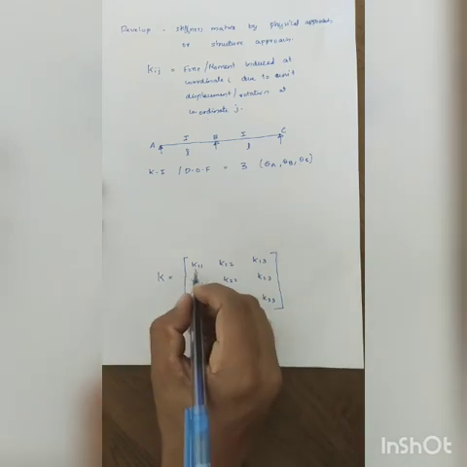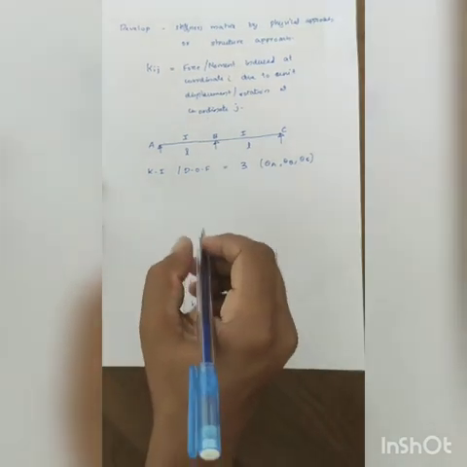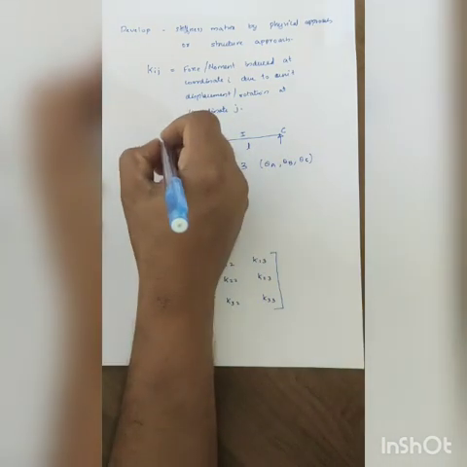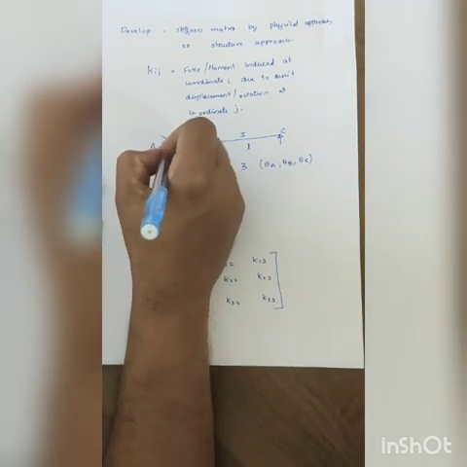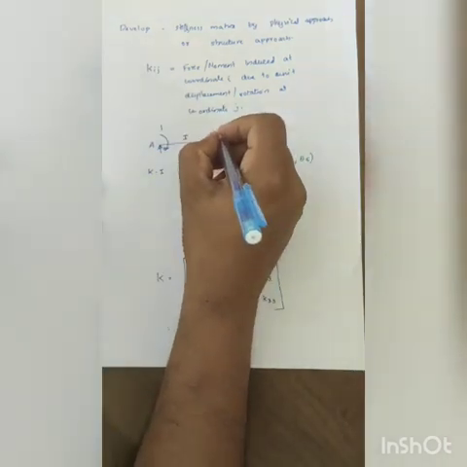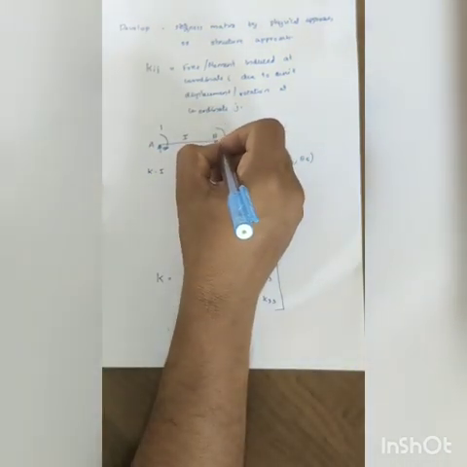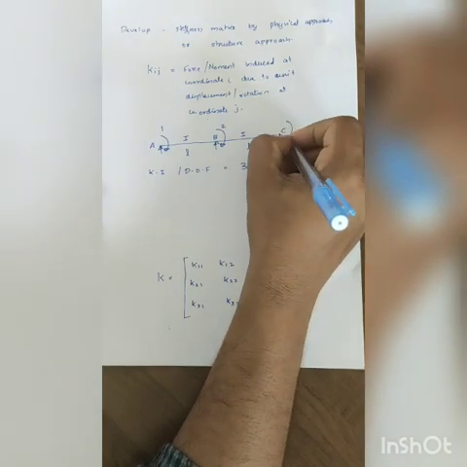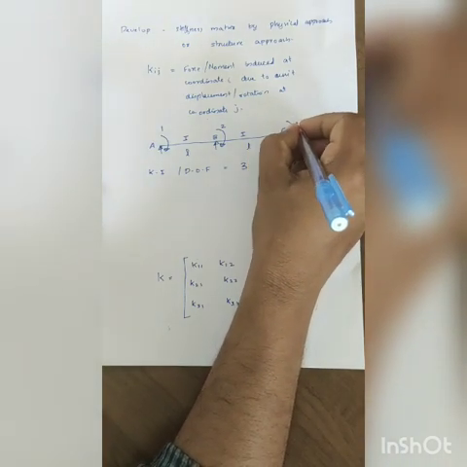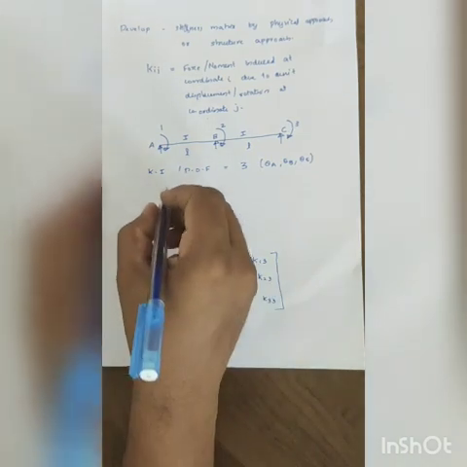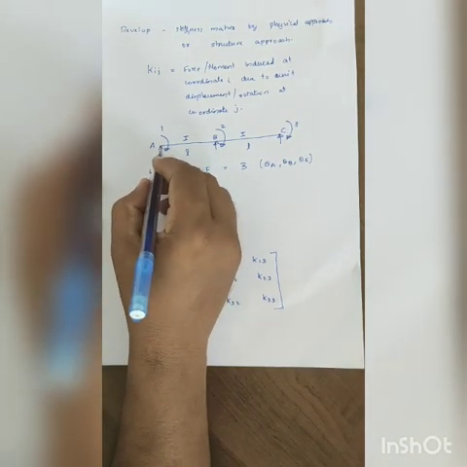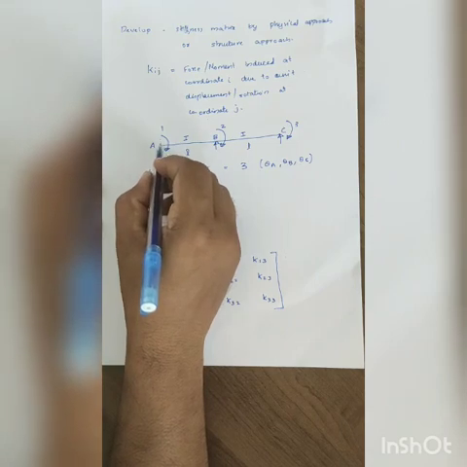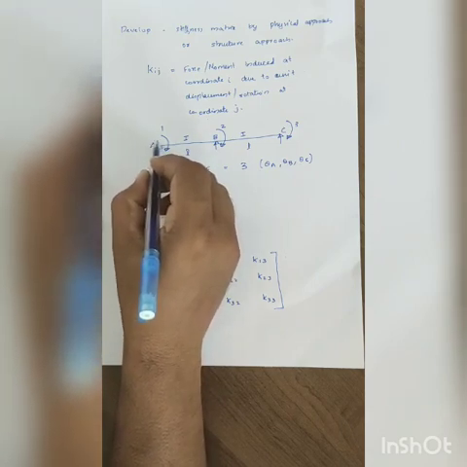So what is K11? I am going to represent theta A, theta B and theta C as the coordinates. Let me say theta A is the first coordinate, theta B the second coordinate, and theta C the third coordinate. So you have to find out how much moment is induced at the first coordinate if you provide a unit rotation at the first coordinate.